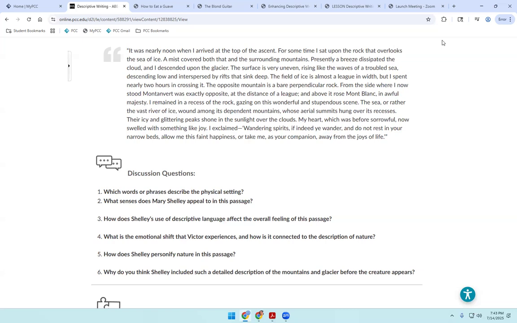Okay, what are some of the words and phrases in here that are giving you a description of the physical setting? Top of the ascent. Absolutely, right out of the gates, top of the ascent. What else? Sea of ice. Fantastic, very physical. What other ones do we have?